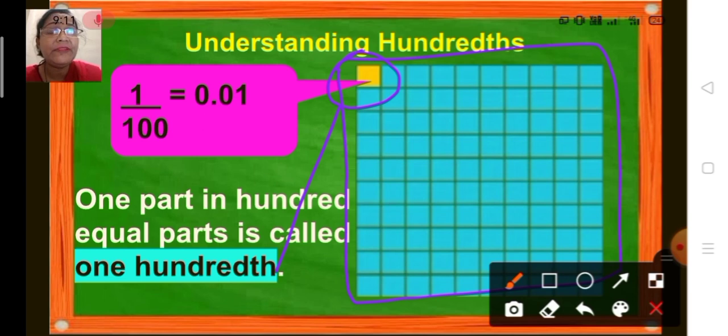In decimal notation, we will write this as 0.01, and in fractional form we will write the single part of the whole as 1 upon 100. So children, one part in 100 equal parts is called 1/100th.